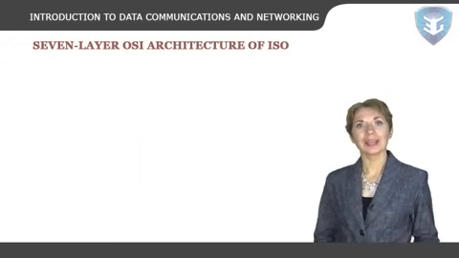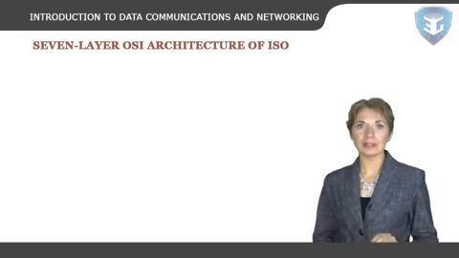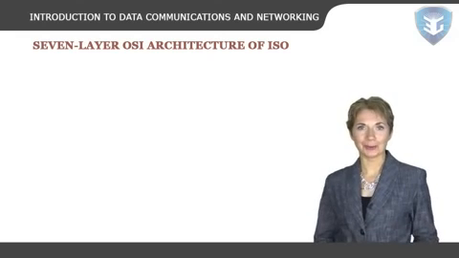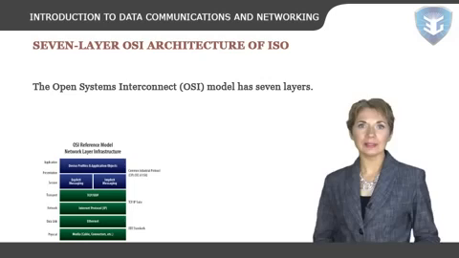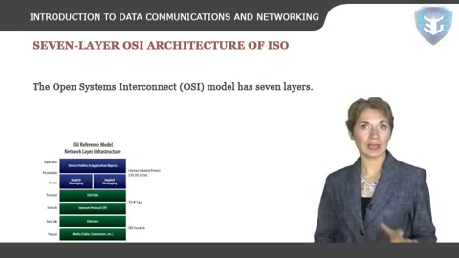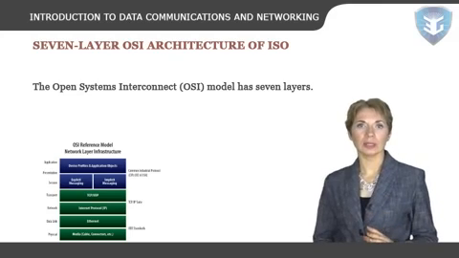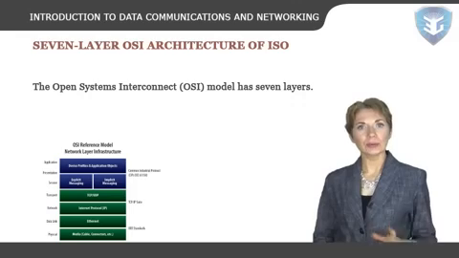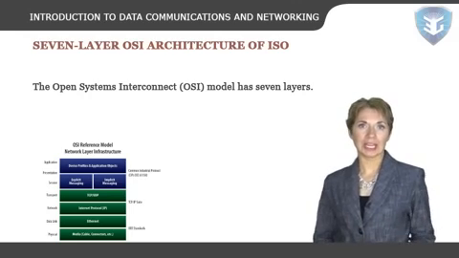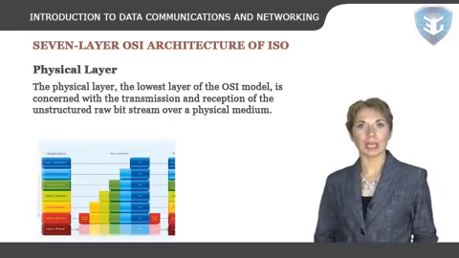Let's now look at the 7-layer OSI architecture of ISO. The Open Systems Interconnect, or OSI model, has 7 layers. It explains the architecture beginning with the lowest in the hierarchy, the physical, and proceeds to the highest, the application. Physical layer.